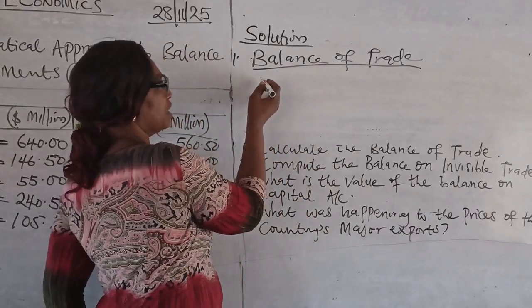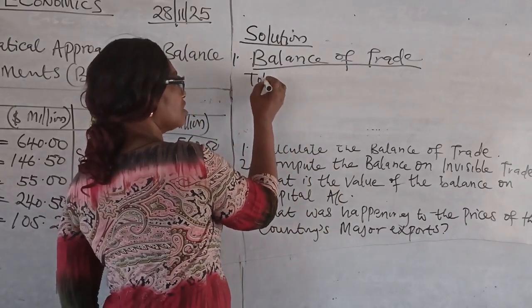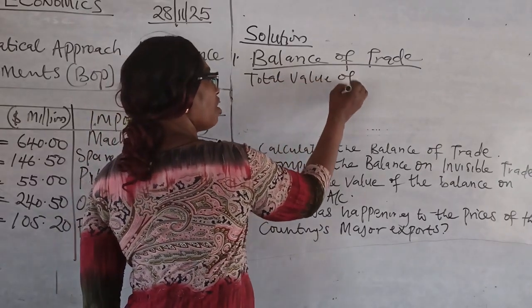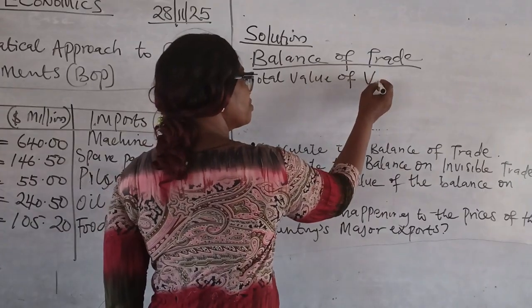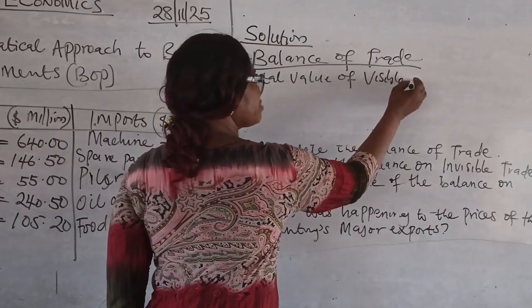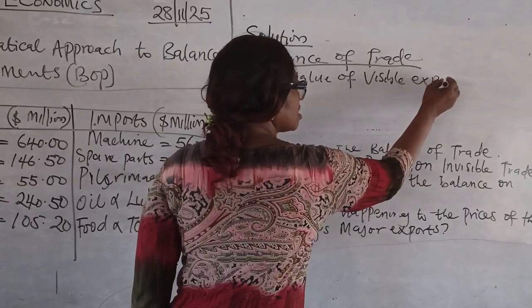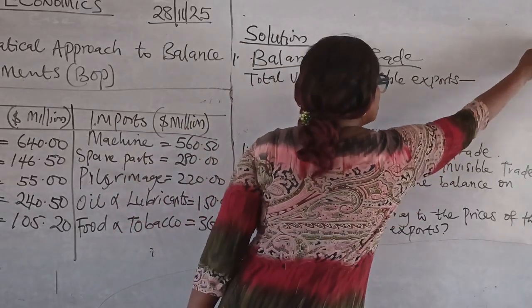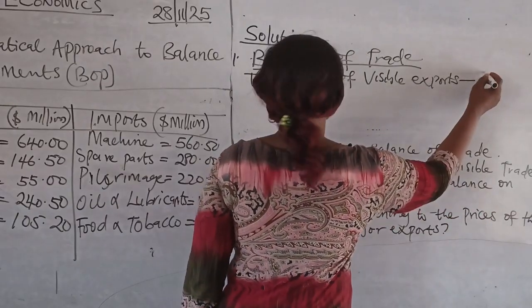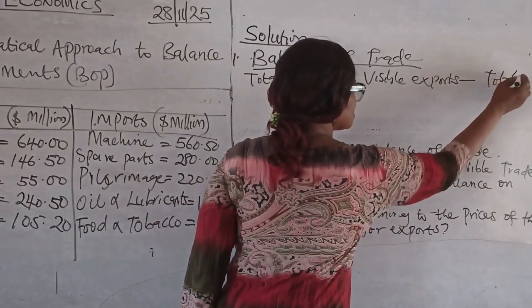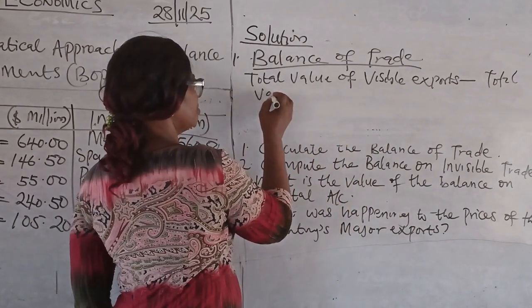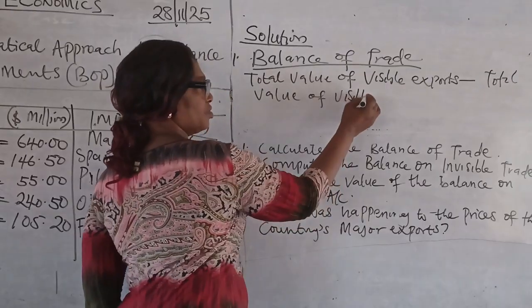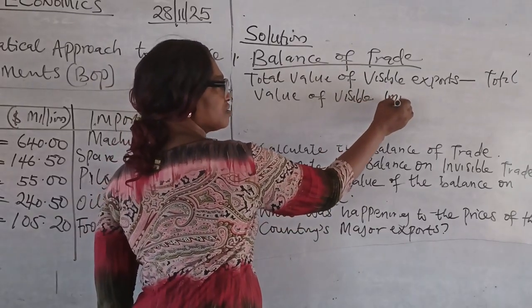The formula is the total value of visible exports minus the total value of visible imports.